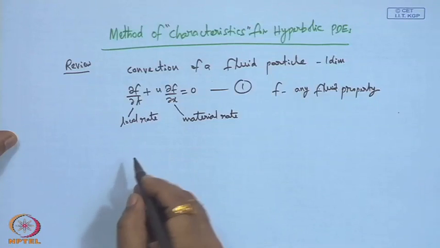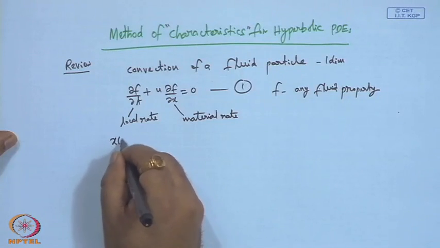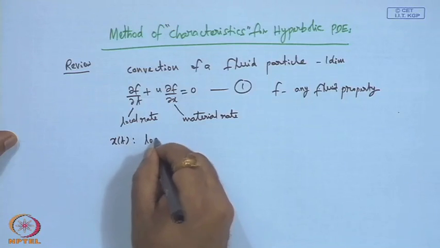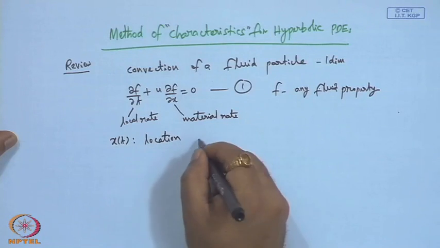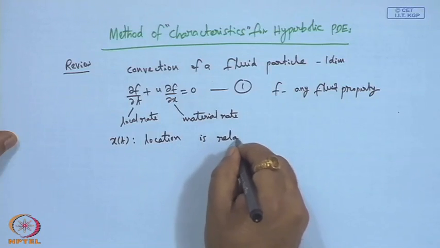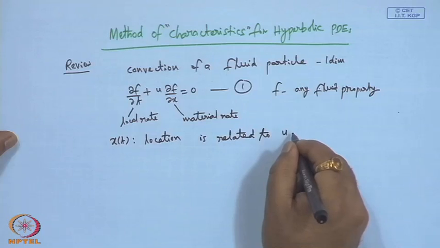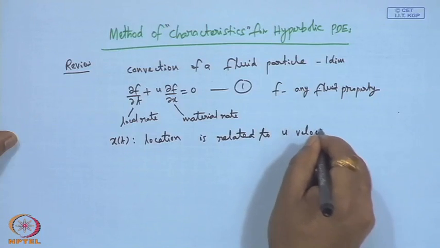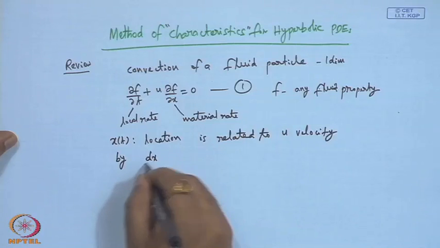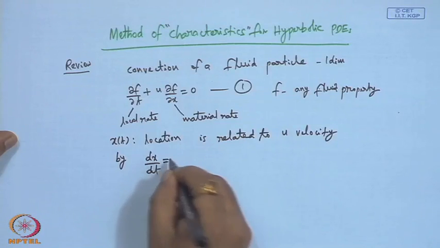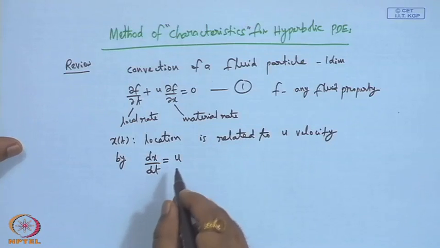Now in this case, x(t), which is the location, is related to the velocity u by dx/dt equals u.